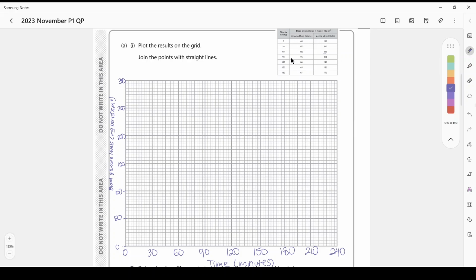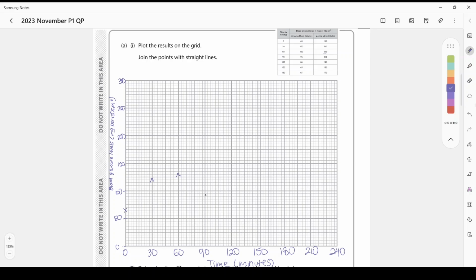All right, so I've included a little table over here so I can see while I'm plotting the graph. All right, so for a person without diabetes at 0 minutes, it is 65. So that would be here. At 30 minutes, it's 120. And then here, it's 130. And then at 90, it's 95.